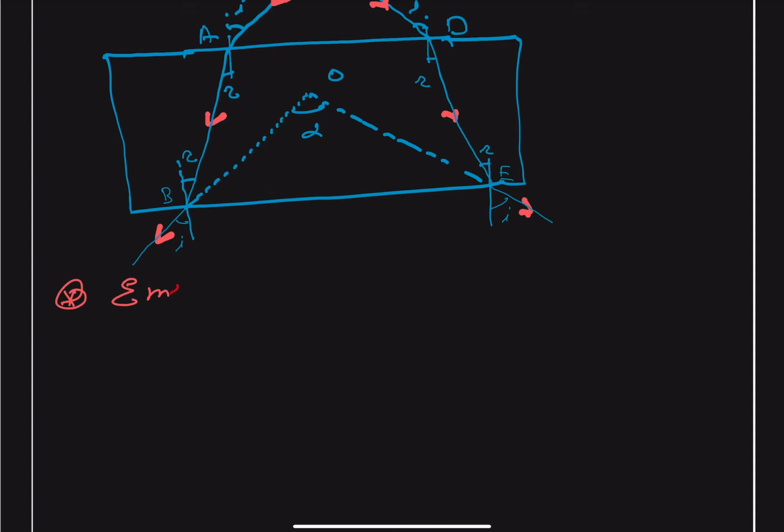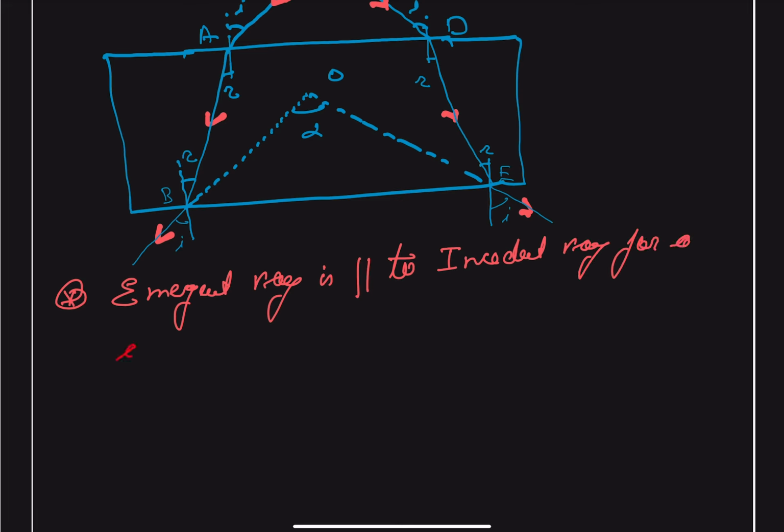We know that the emergent ray is parallel to the incident ray for a glass slab. So therefore the divergence angle will remain unchanged.